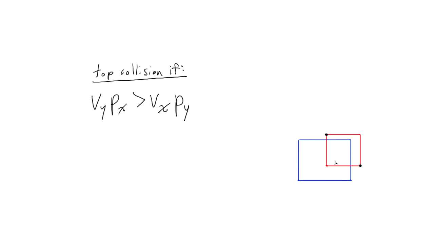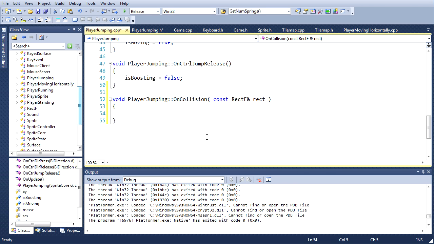So you can think of it, there's 4 cases corresponding to 2 directions in 2 axes. So let's just code the first case and then we'll figure it out later on as we go.